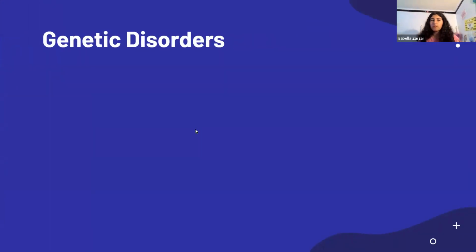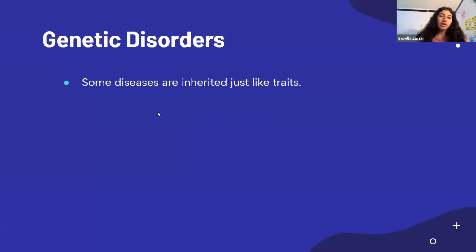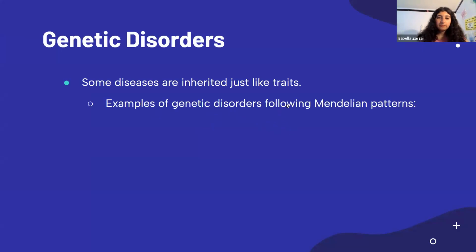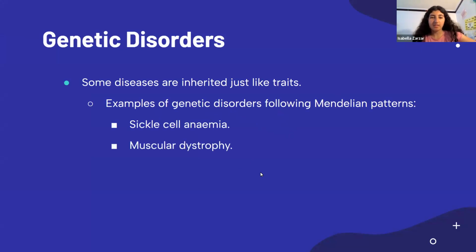Now let's go over a little bit about genetic disorders. Like we covered in the pedigree, some diseases are inherited just like traits. So if your parent has a certain disease, you can inherit that too, just like their hair color, for example. Here are a few examples of genetic disorders that follow Mendelian patterns: sickle cell anemia, muscular dystrophy, or cystic fibrosis.